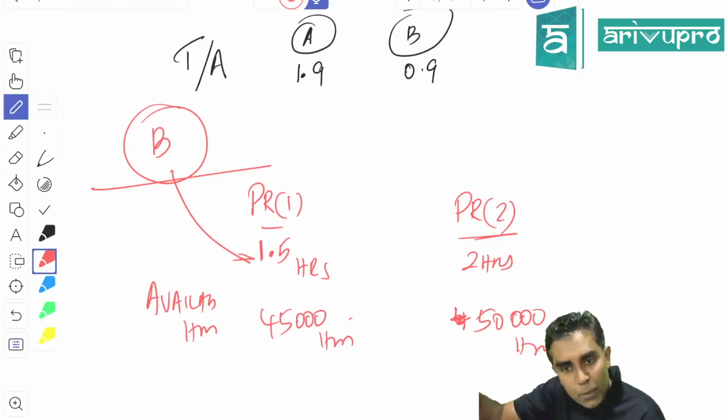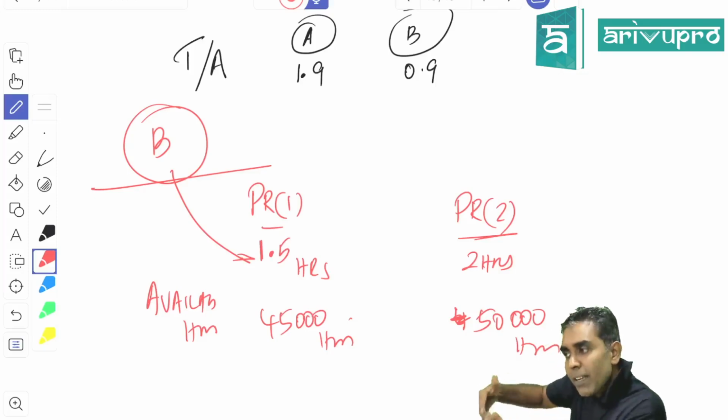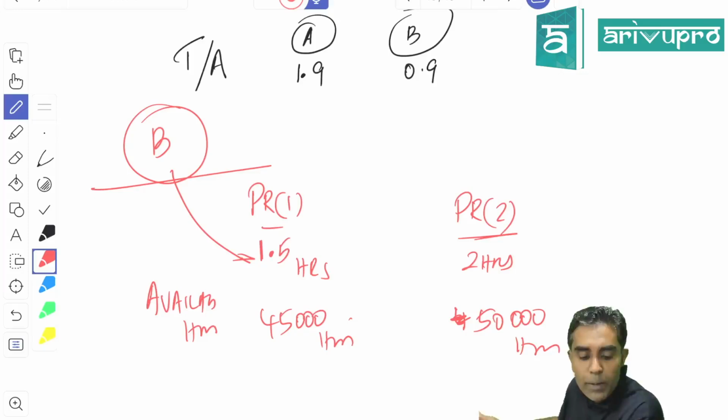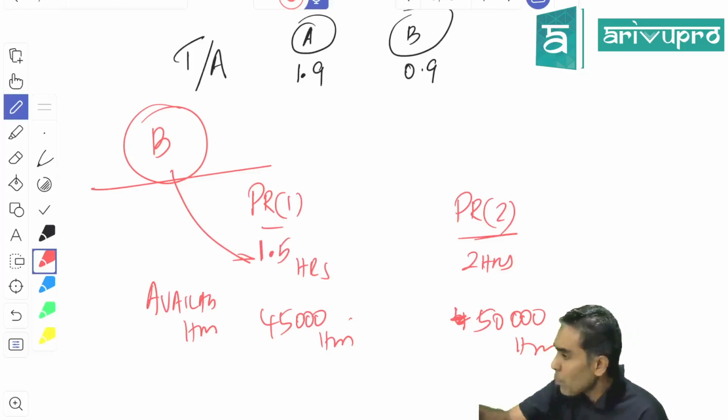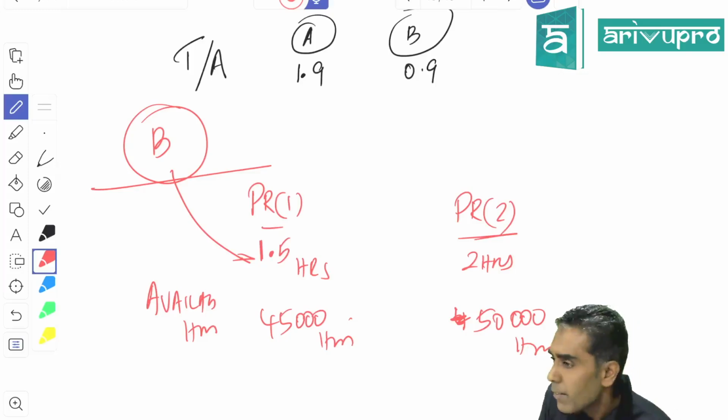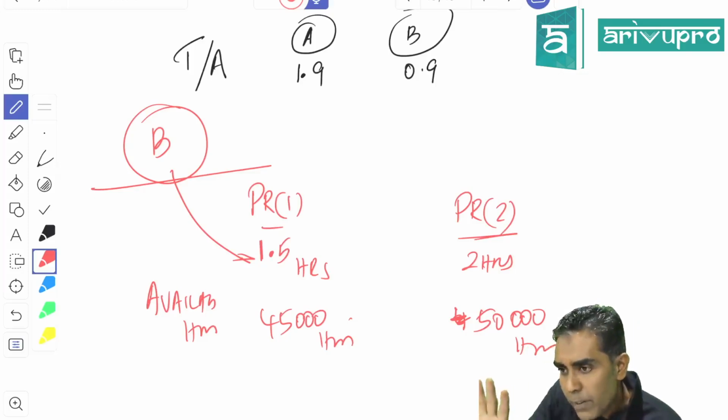First, it has to come to process one. When you are doing something in process one, it will require 1.5 hours. Then it will pass to process two. When it comes to process two, that product will require 2 hours. For that process, available is 50,000 hours. Are you clear with the question?